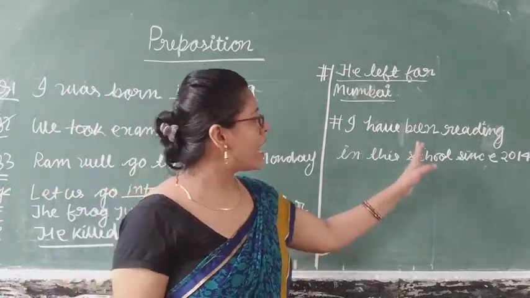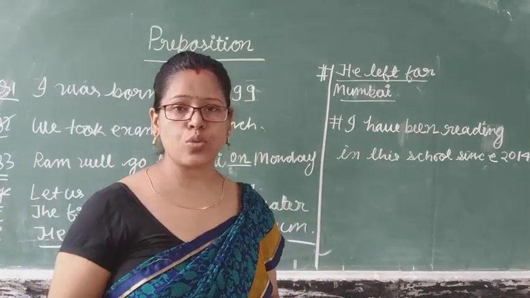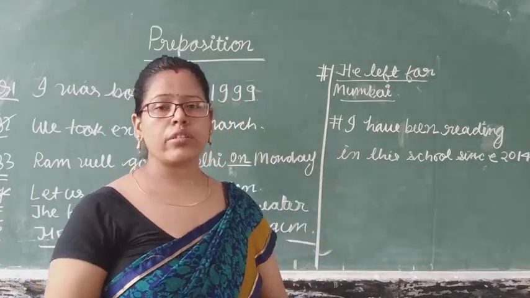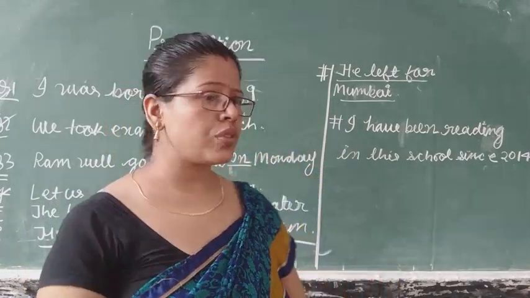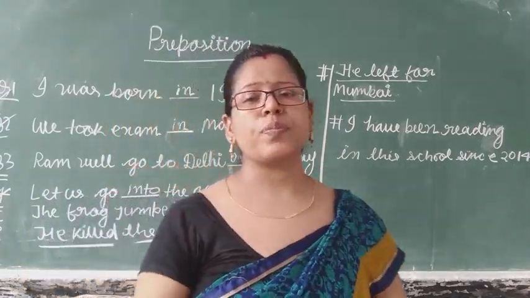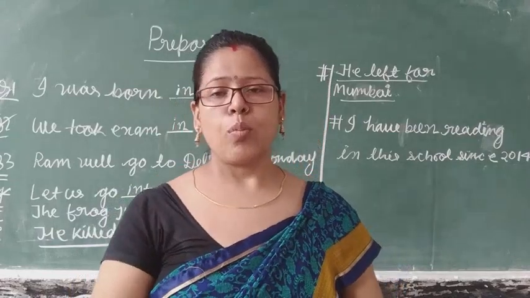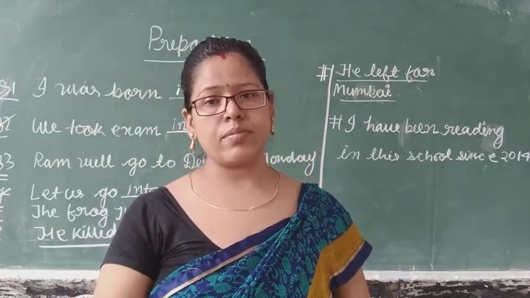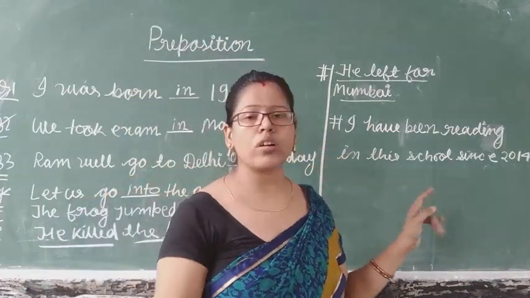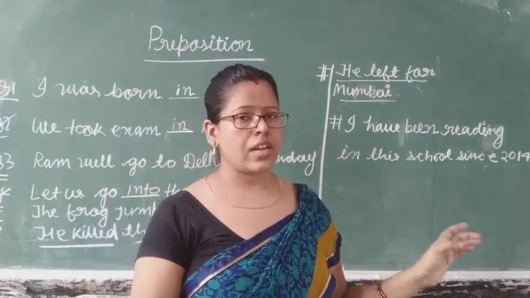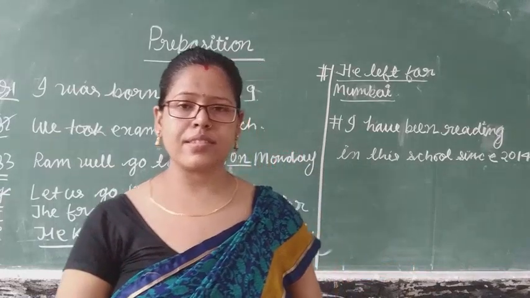Now we shall see the use of the preposition since. I have been reading in this school since 2014. We use since to indicate an exact point of time, because here the year is confirmed: 2014. That is why we use since here.